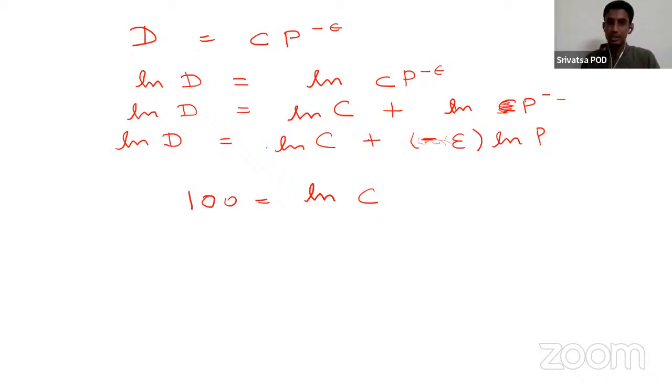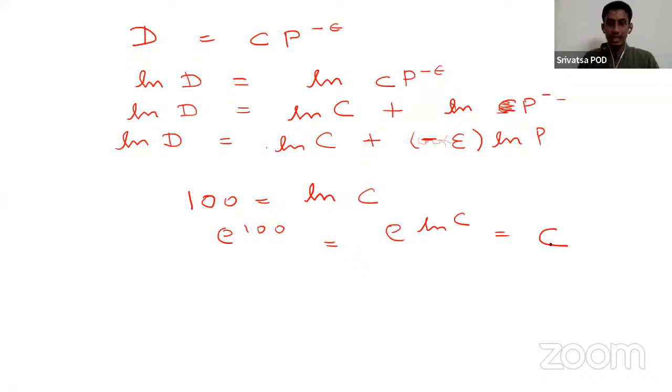How do you do that? Take an exponential on both sides. So e power ln something is something. So e power ln of C is going to be C, and therefore e power 100 is equal to e power ln C, which is equal to C. Therefore, C is equal to e power 100.